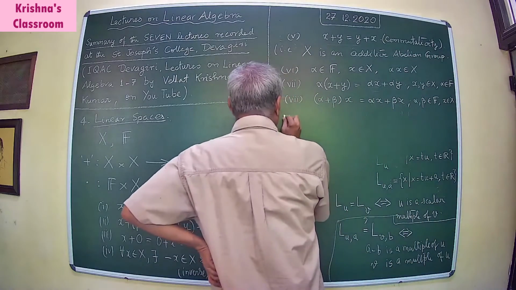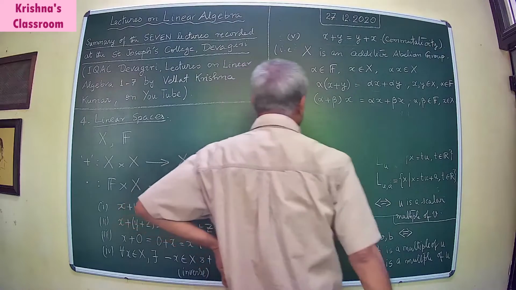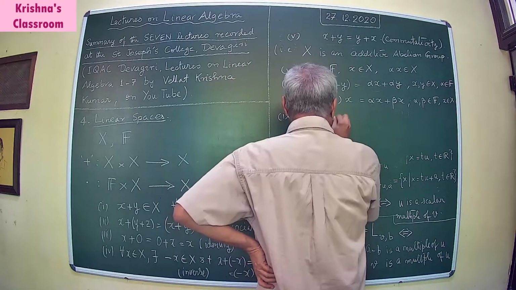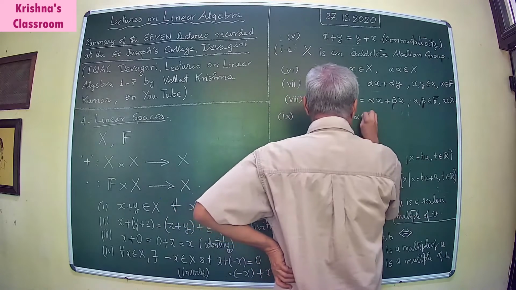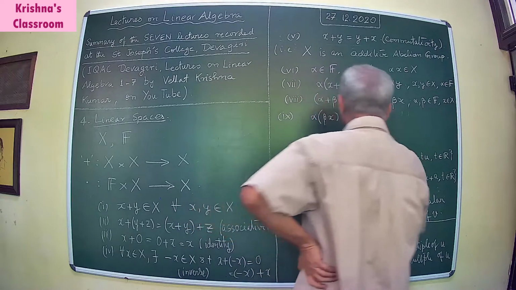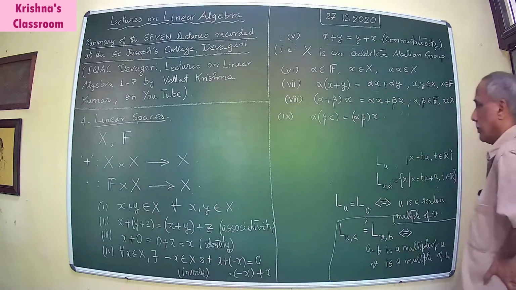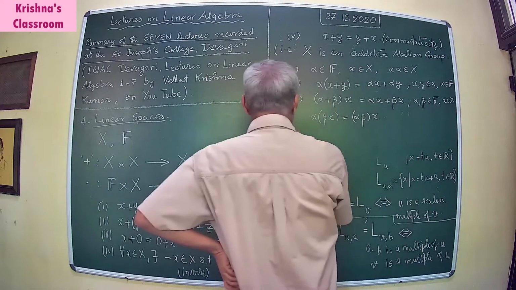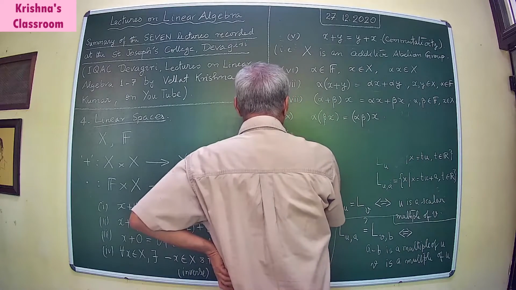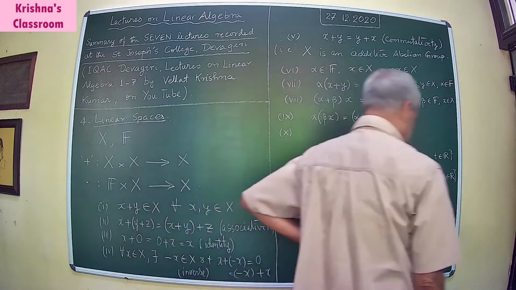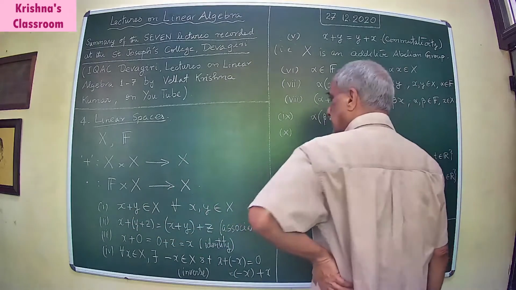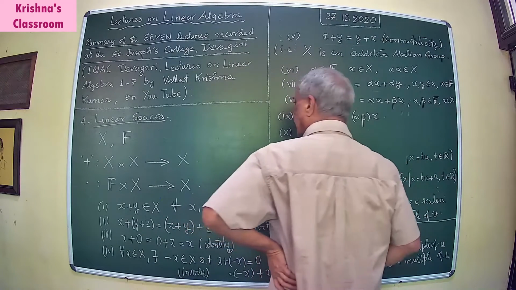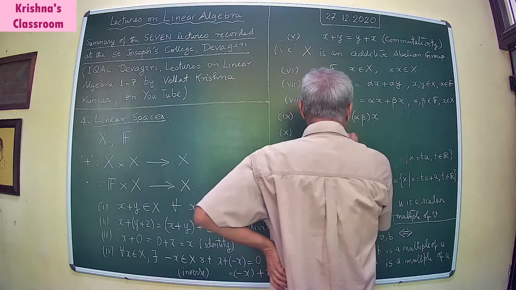Now the ninth property is that alpha of beta x equals alpha beta x. Yeah? So alpha beta x as described here. There is the unique element in F, which is written like this: 1 into x equals x.